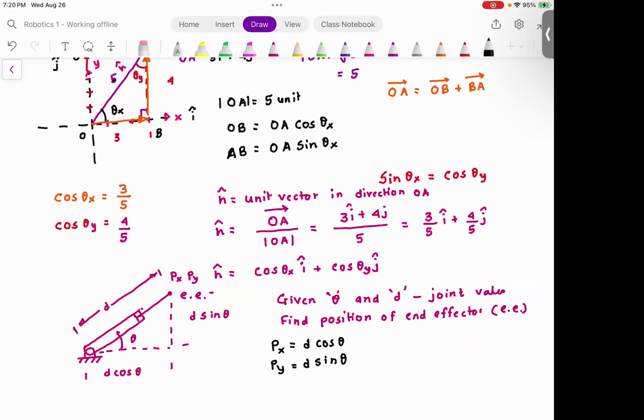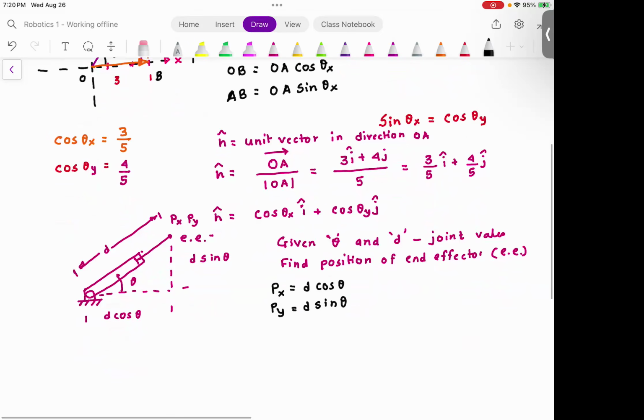I can also ask you, I don't want this position to be written like this. Since this is px, this is py, I can write, and this is called the forward kinematics problem.